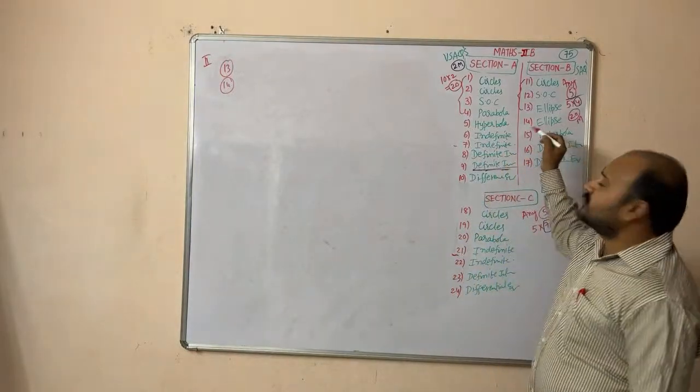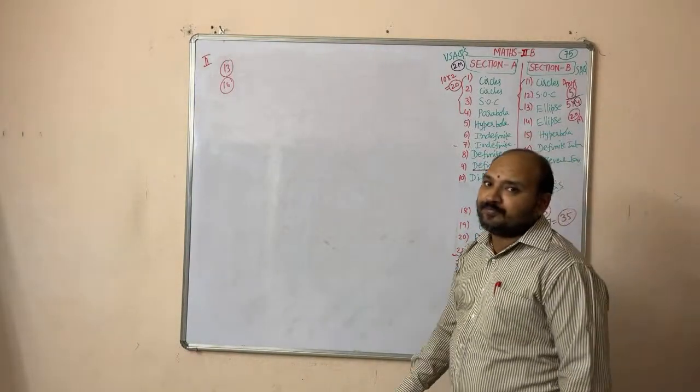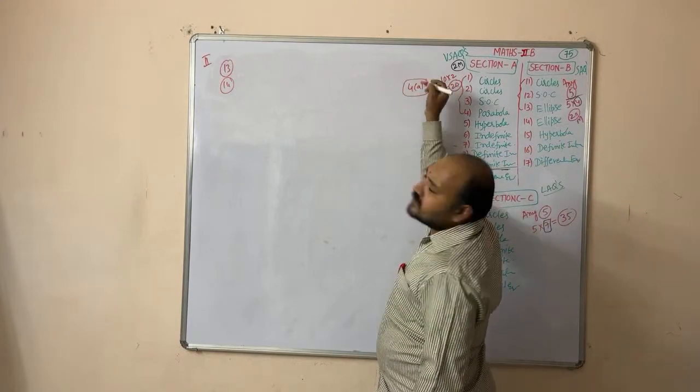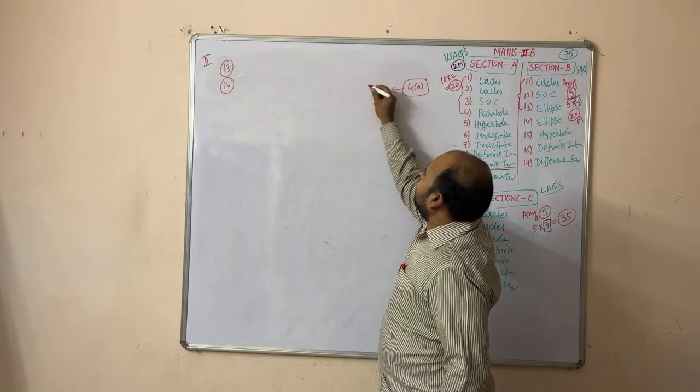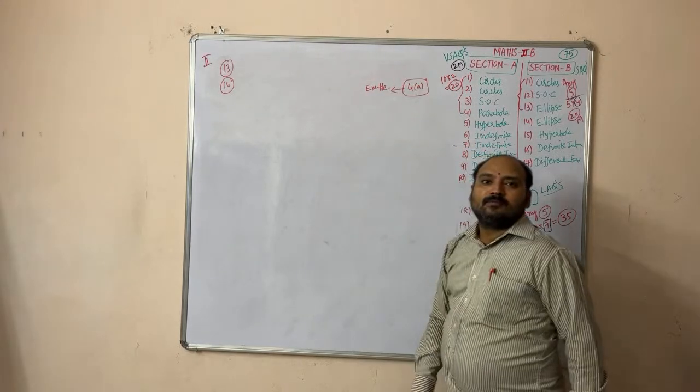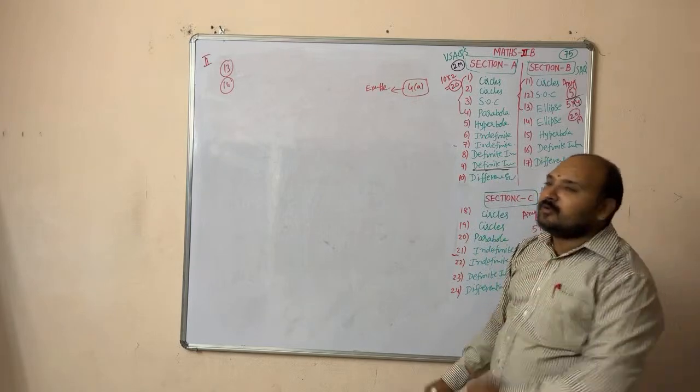The ellipse topic is the 4th chapter. In the 4A exercise, the question is not given; before the 4A exercise, they will give examples. Two questions are there now.